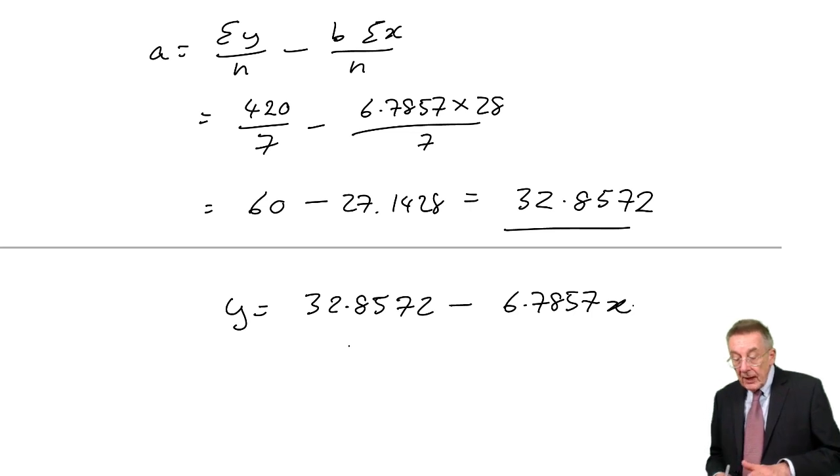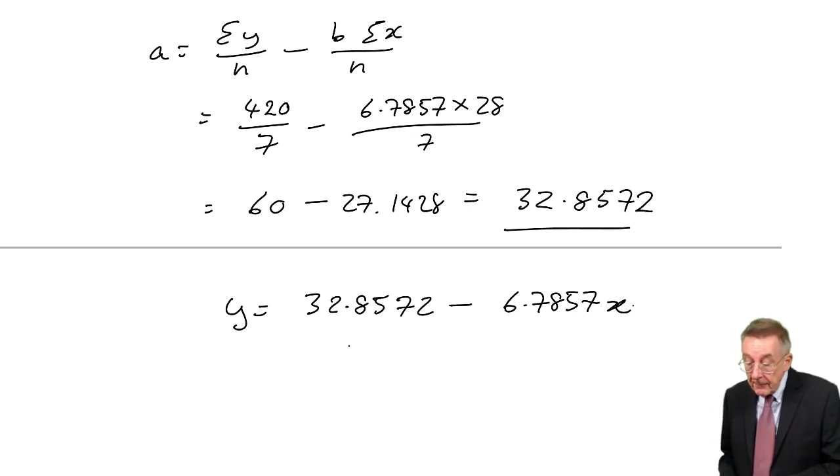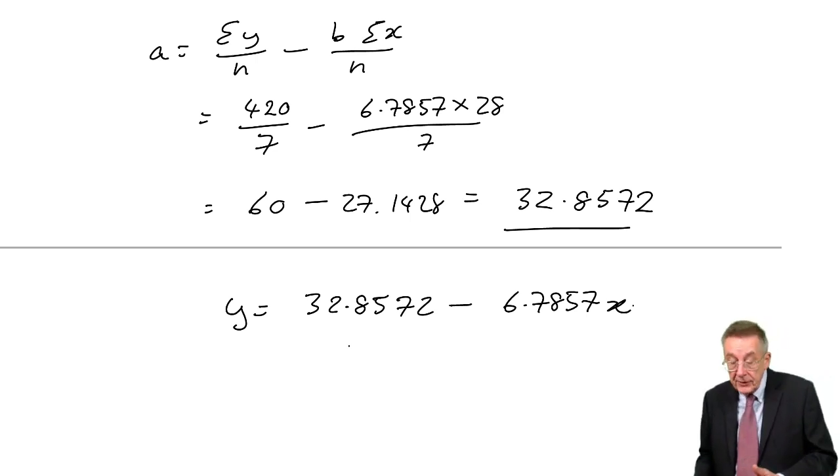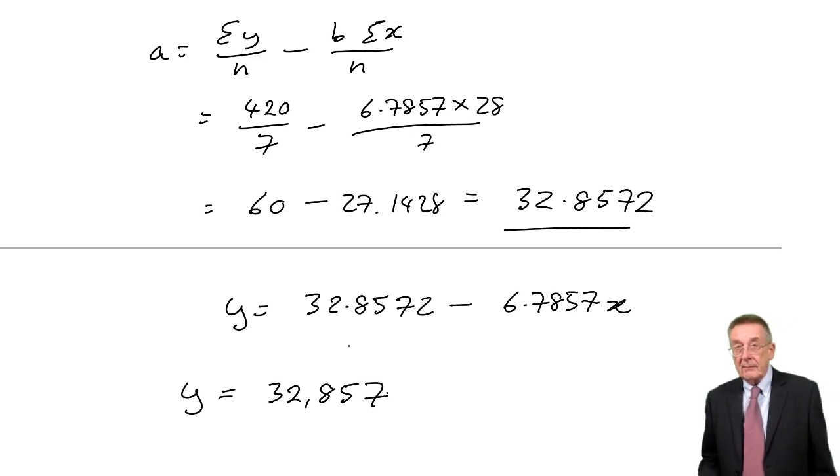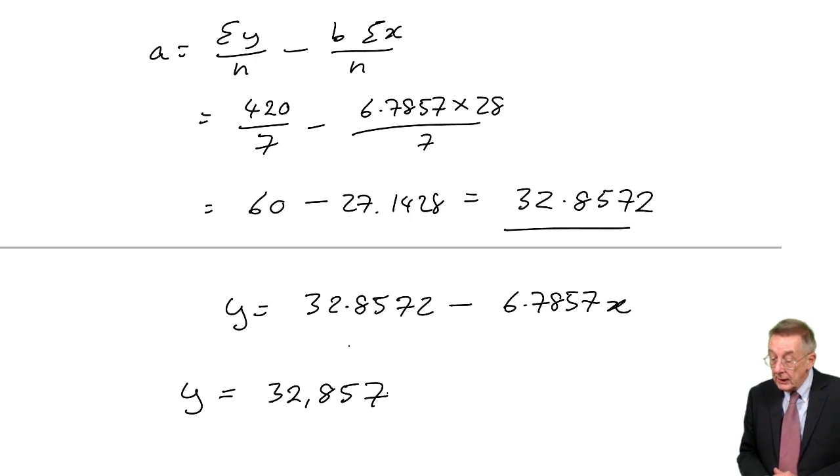And so, Y, the actual cost, isn't going to be 32.8, it's going to be 32,857. So, if I correct it, it goes 32,857.2, but I'm not worried about 0.2, I'll do it to the nearest dollar.